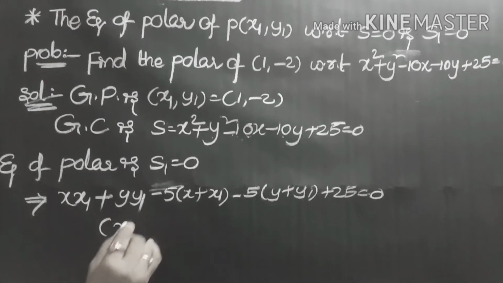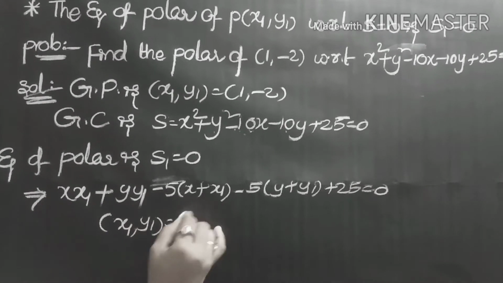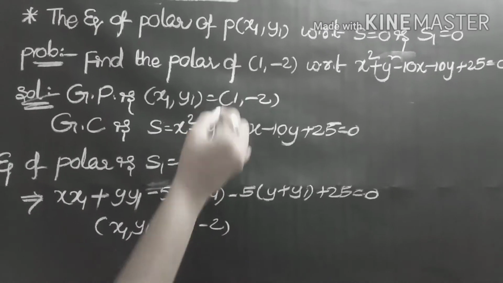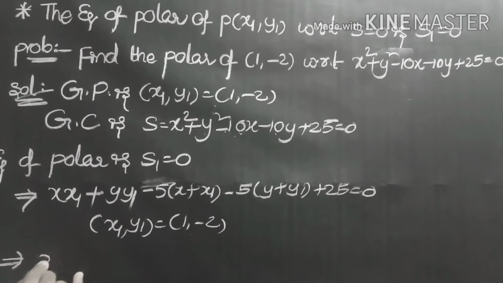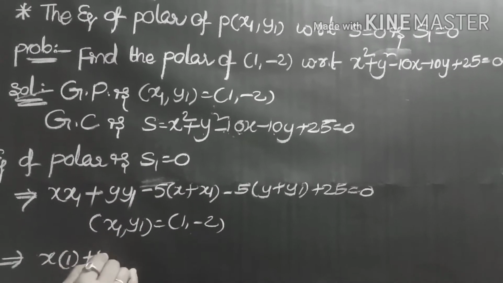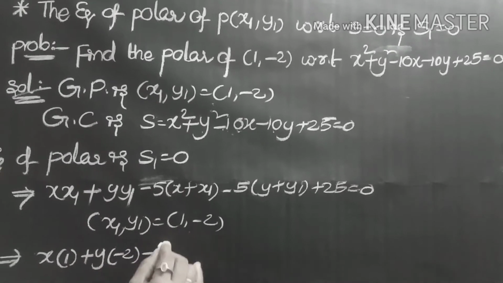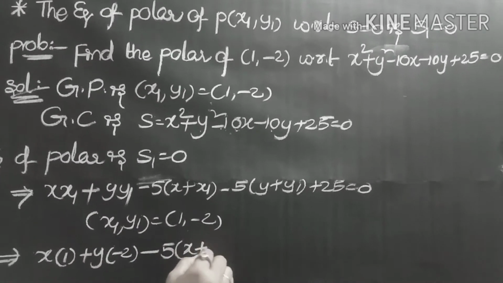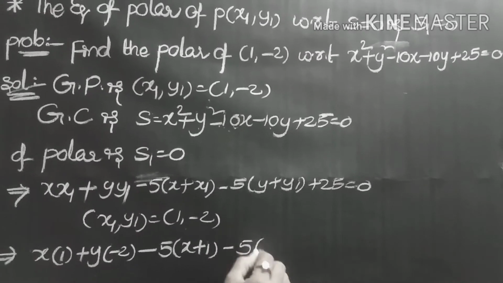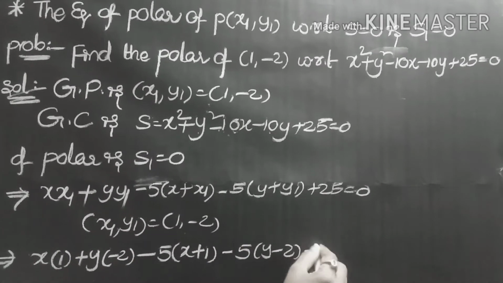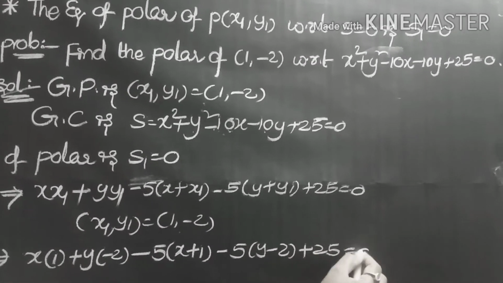Now in this formula, in place of (x1, y1) we substitute (1, -2). Already given that this point is (1, -2), which implies x into 1 plus y into minus 2 minus 5 into (x plus 1) minus 5 into (y minus 2) plus 25 is equal to 0.